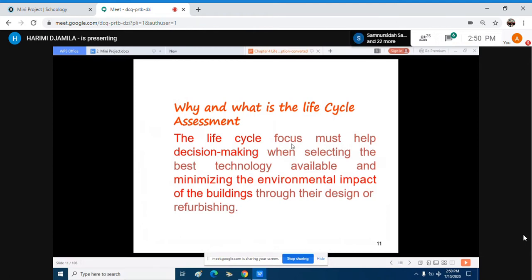So it helps in decision making, even at government level. Life cycle will also be very helpful.